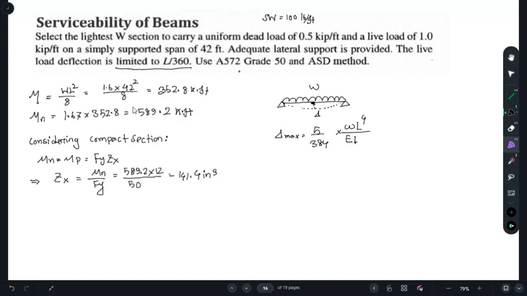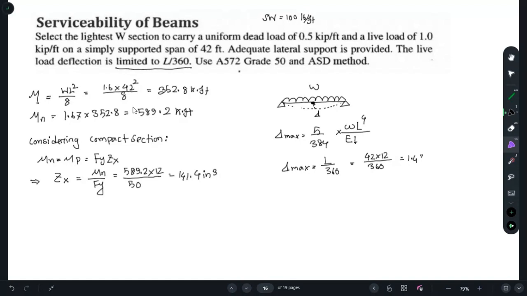So in this case the delta max will be equal to L over 360. So we'll find the L over 360 value here. The L is 42. So if I multiply by 12 and divide by 360, I'll get a value of 1.4 inch. So the maximum deflection the beam can be given is 1.4 inch.